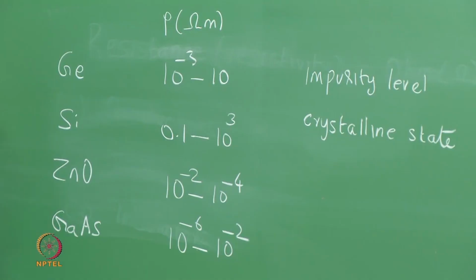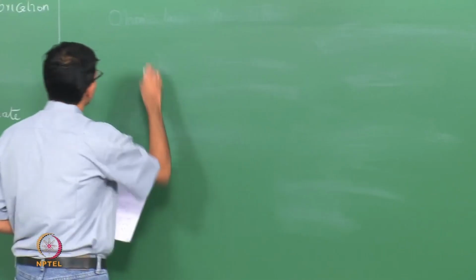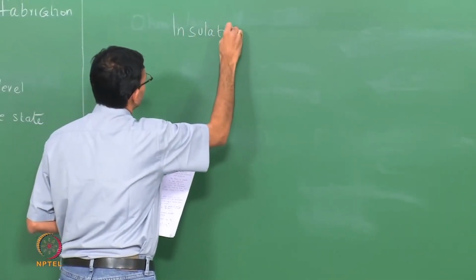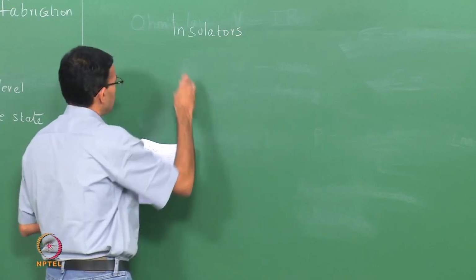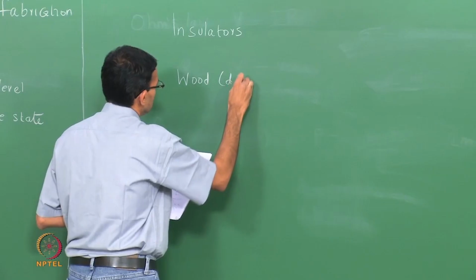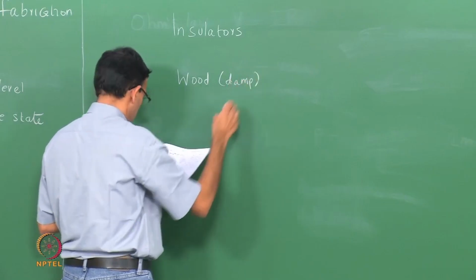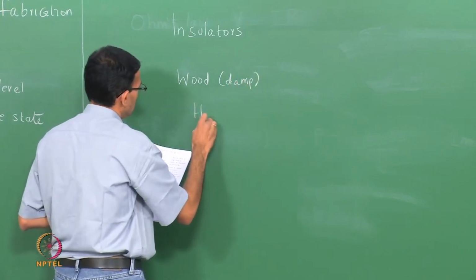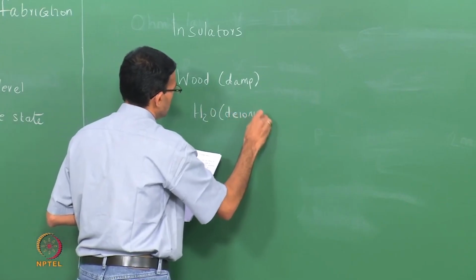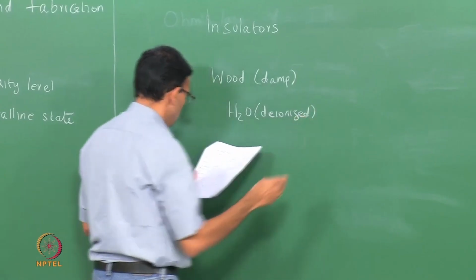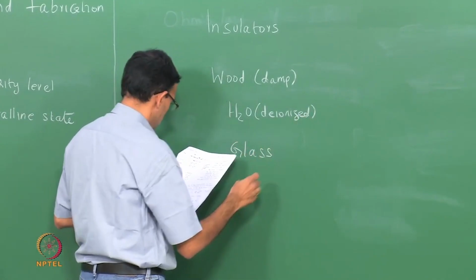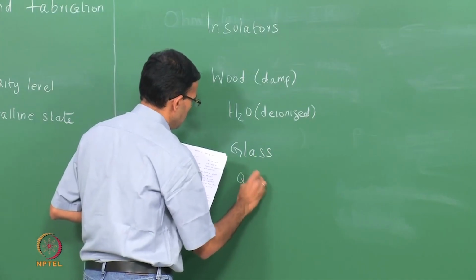What about insulators? Examples of some typical insulators: you could say wood, water, we say it's deionized water, so there are no dissolved salts, glass and quartz.